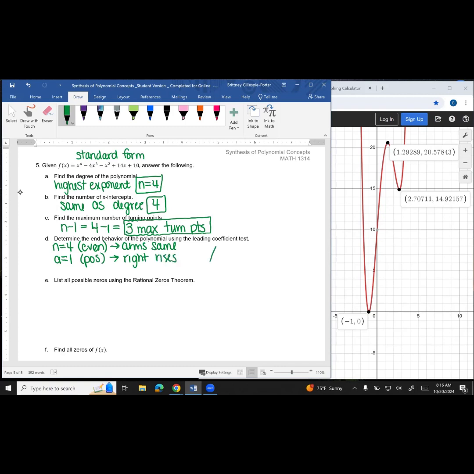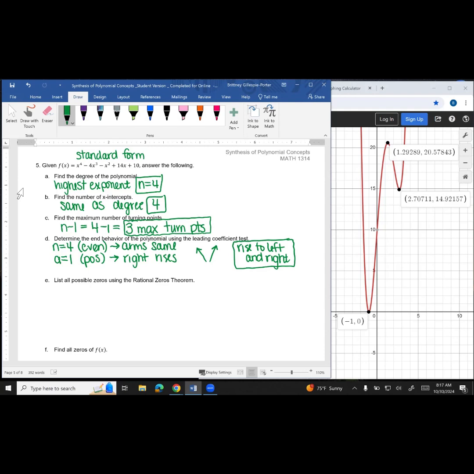If our right side rises, and our arms have to be the same, that means to the left we also rise. So our end behavior is that we rise to left and right. If it were odd, our arms would go in opposite directions, but here they're even, so they are the same.